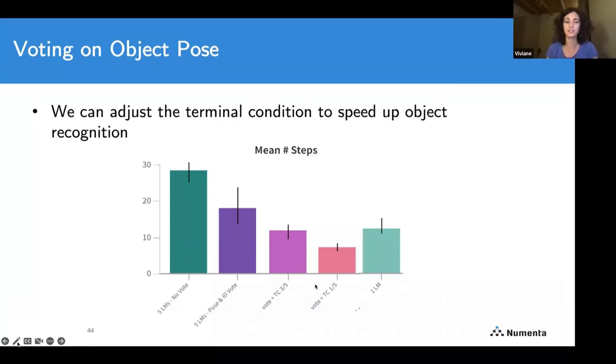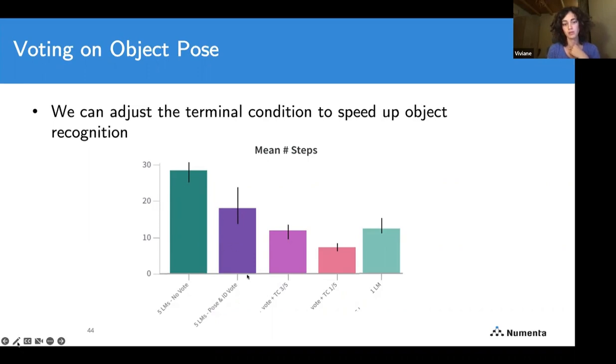If we say that we terminate an episode once one learning module has recognized the object and pose, and we just say this learning module spreads that knowledge to all the others, then the number of steps gets cut down by a lot more. This bar here is 5 learning modules, no voting.